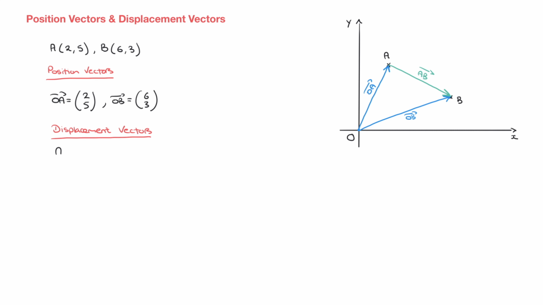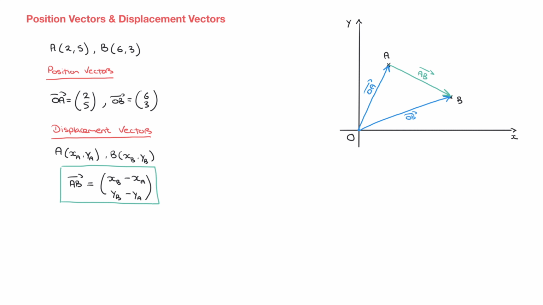If we know that point A has coordinates (x_A, y_A), so the x and y coordinates of point A, and that point B has coordinates (x_B, y_B), those are just the x and y coordinates of point B, then the vector AB will have components (x_B − x_A, y_B − y_A). There we go. And in fact, I'll go ahead and box that formula. If we know the coordinates of the points A and B, this formula is definitely worth knowing.